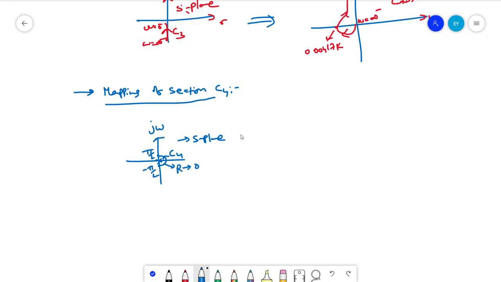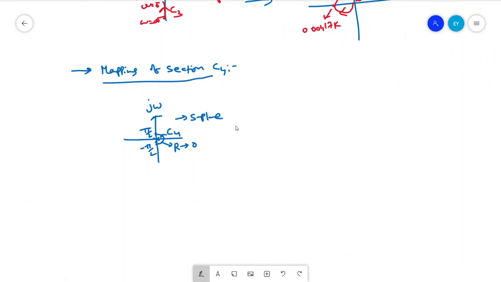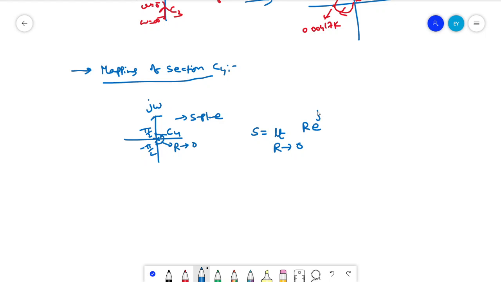Okay, so now what we need to do is map section 4 using this S plane by varying from minus pi by 2 to pi by 2. Since the radius here is 0, for the same function we considered for C2, the radius will be tending to 0. So S will become S equal to limit r tends to 0, same function, r into e power j theta. For C2, r tends to infinity because the radius is infinity.